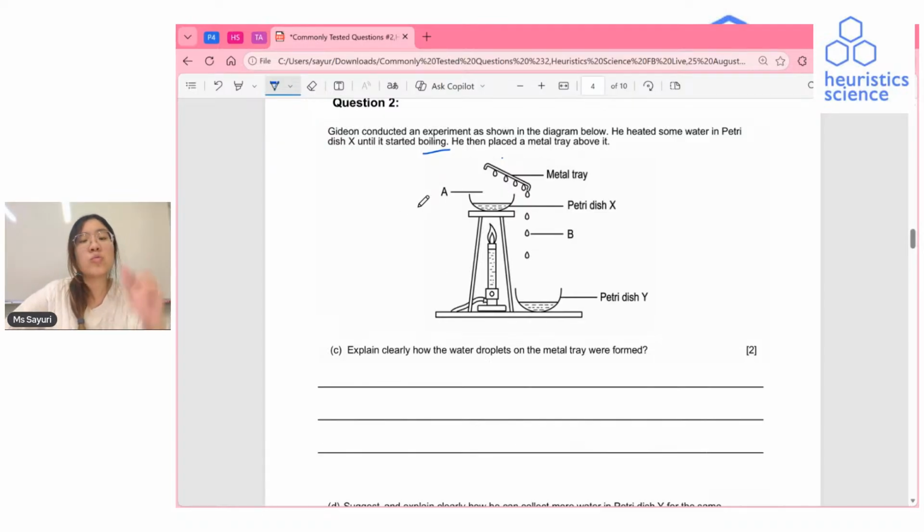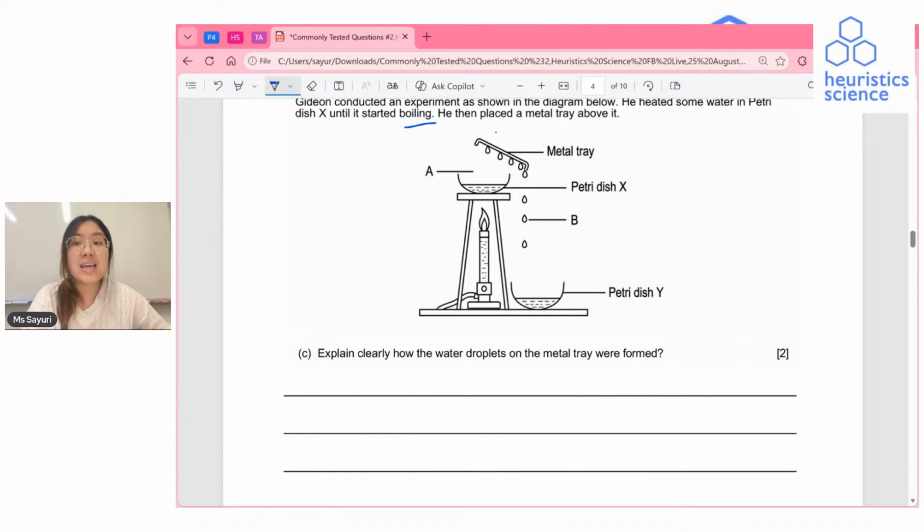So it doesn't matter where you touch, the surface of water, 100 degrees Celsius. At the middle of the water, also 100 degrees Celsius, at the bottom also 100. So boiling takes place throughout the entire water, whereas evaporation only takes place on the surface. Evaporation only takes place if it can be in contact with air. So we can tell that this part here is in contact with air, this part here will evaporate. And with higher temperature, evaporation is higher as well.